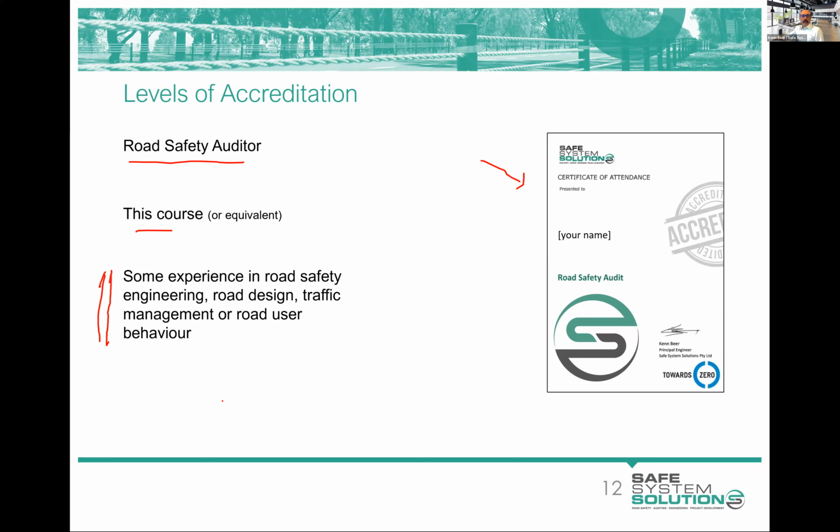In the Victorian one, you're also going to have to do a short e-learning module, which you'll be sent a link to after this course. The government just wanted some further assurance you picked up the right things. That's not the case in some other jurisdictions.